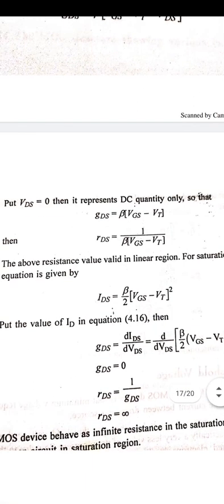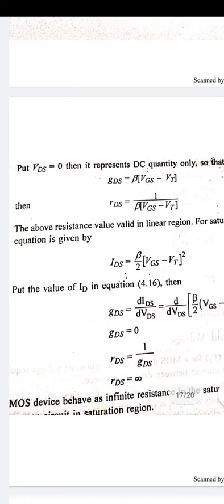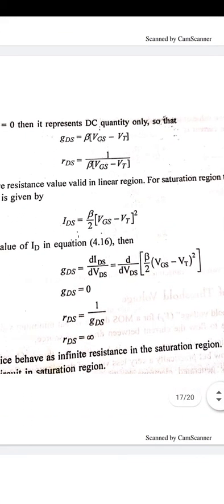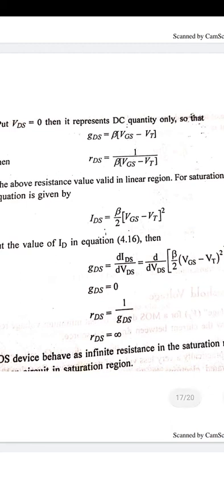But when we talk about the resistance value in the saturation region, I will take the example of the drain to source current relationship, that is denoted by IDS is equal to beta by 2 (VGS minus VT) whole square. So when we calculate the output conductance in the saturation region, I will take the derivative del IDS by del VDS.